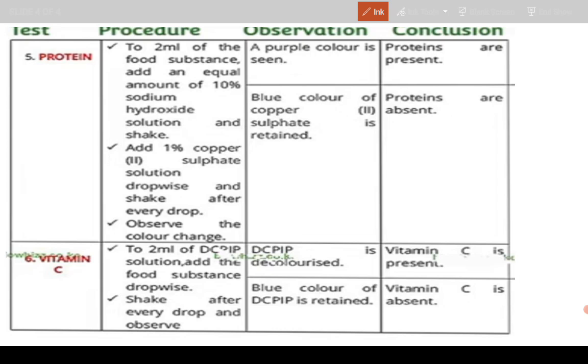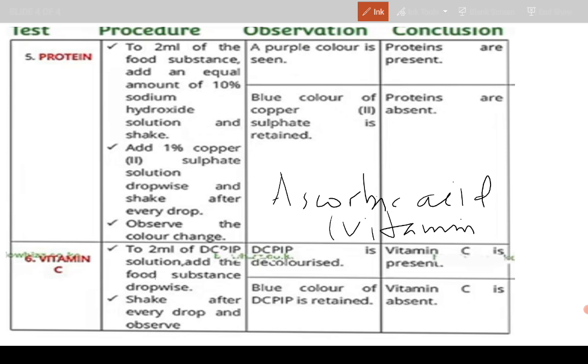Right, lastly, look at how you can test for vitamin C. Vitamin C, which is also called ascorbic acid, can also be tested in the lab.